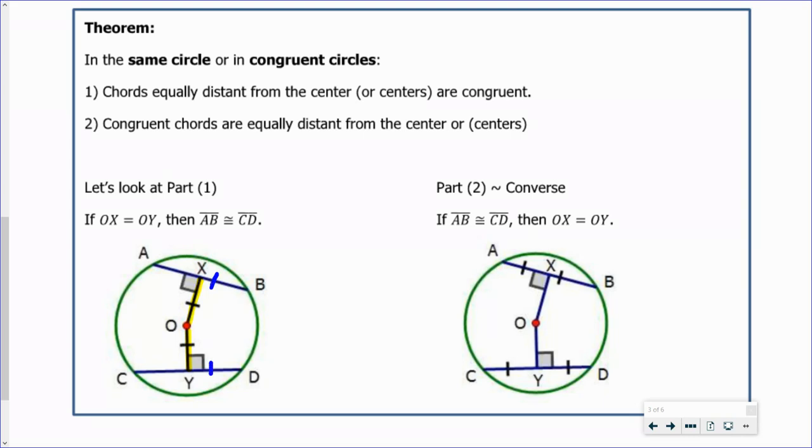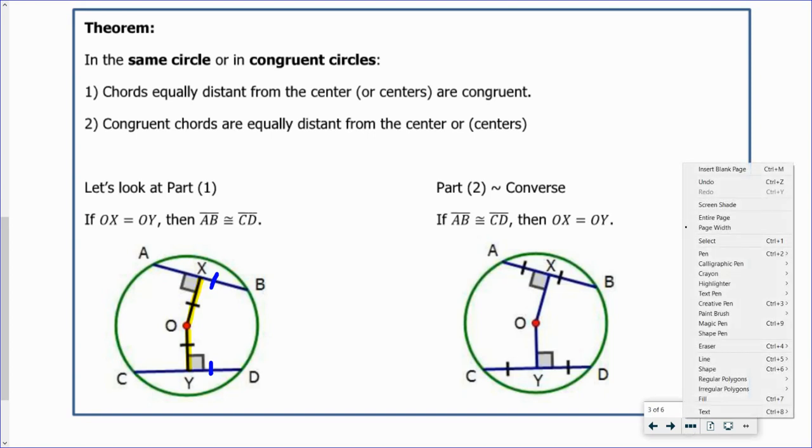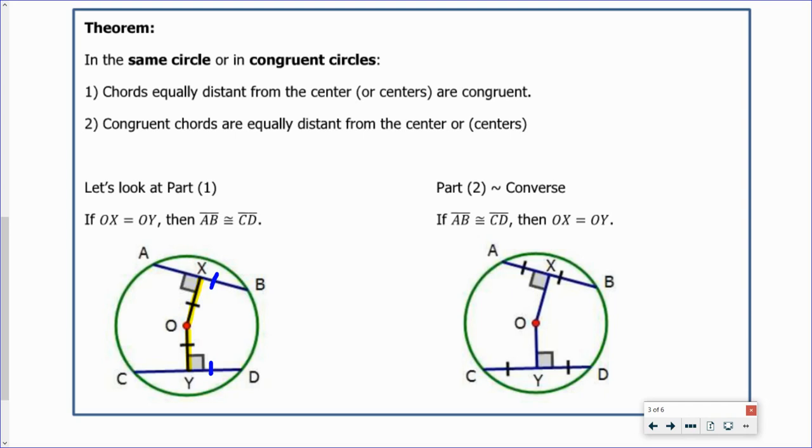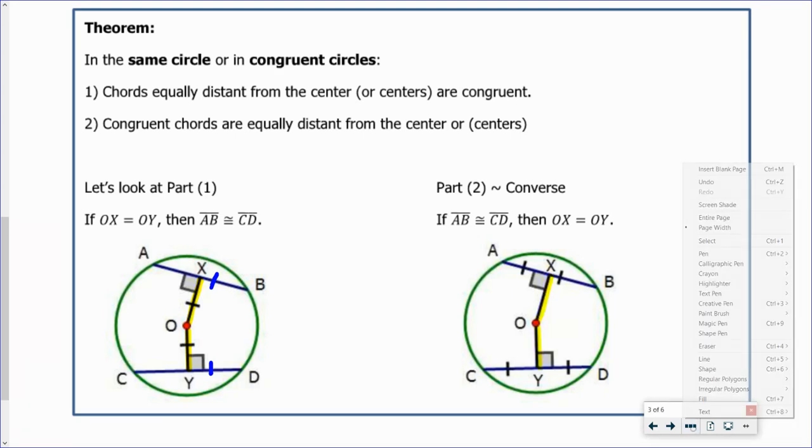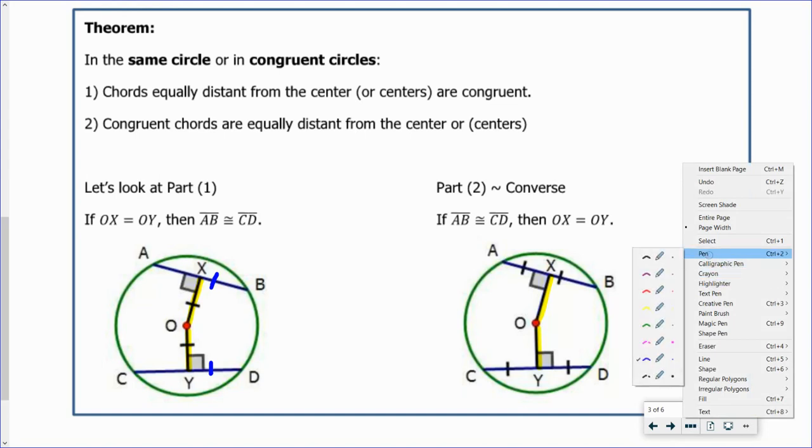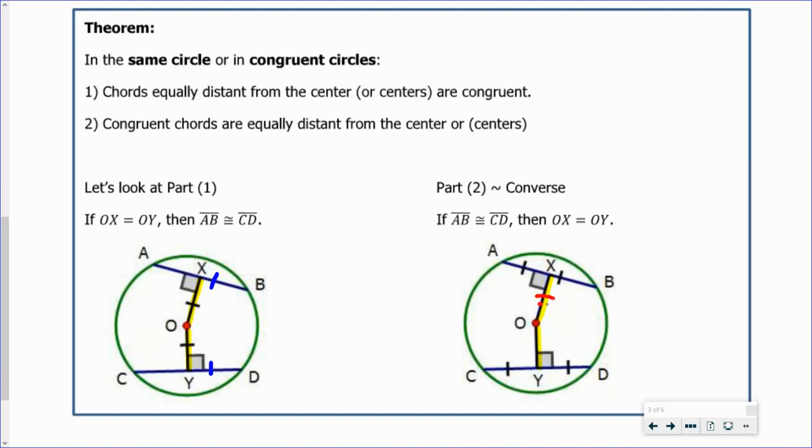Those two chords have to be congruent. Now, if we look over at the next one, we're told that AB is congruent to CD. And what that means is if those two chords are congruent, then they're also going to be equidistant to the center of the circle, which means these two segments here would be congruent.